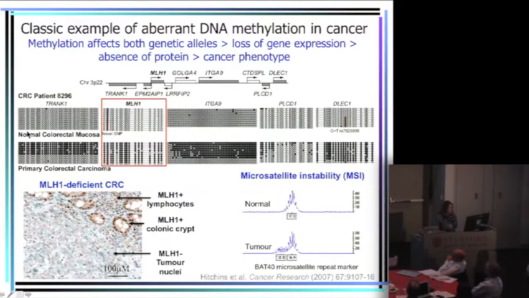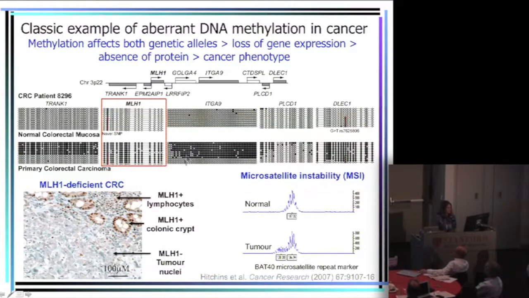So you can see that the normal colorectal mucosa is essentially completely unmethylated, and the primary colorectal carcinoma, at least for MLH1, is biallelically methylated because both genetic alleles are present and both have these dense black dots.